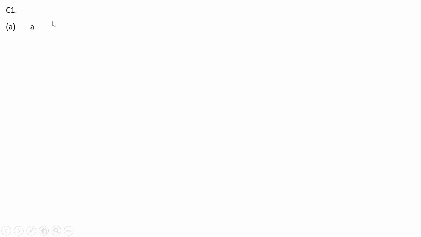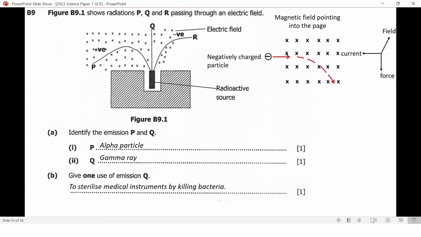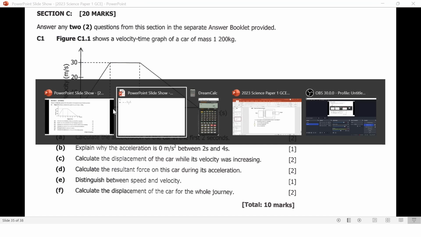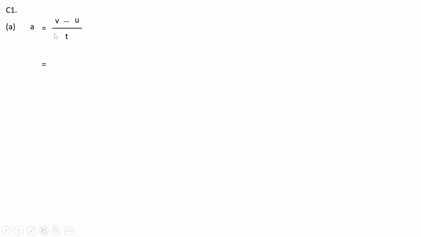Acceleration is equal to final velocity minus initial velocity over time. So from this information, here is the initial velocity, 0, then the final velocity where it reaches here, we read 30. In time, it is from here to here, 2. So we substitute: final velocity 30 minus initial 0, over time 2 seconds.